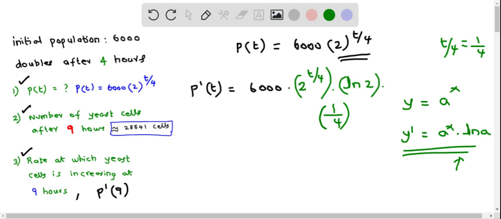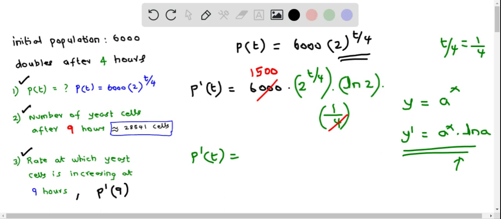So finally, let's rewrite this as a single quantity. We have 1 by 4 here, and 6000 multiplied by 1 by 4, or divided by 4, gives 1500.